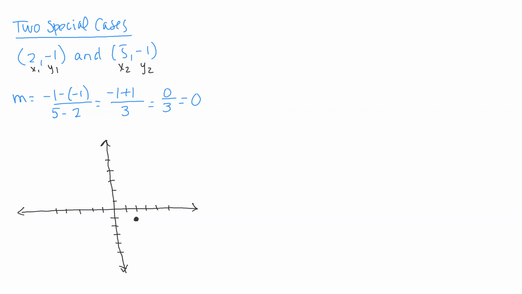And then at the origin, I'm going to go to the right 5, down 1. What do we notice about this line? Let me actually do it in blue. What do we notice about this blue line? Hopefully you can see that this is a horizontal line. So horizontal lines all have a slope of 0.